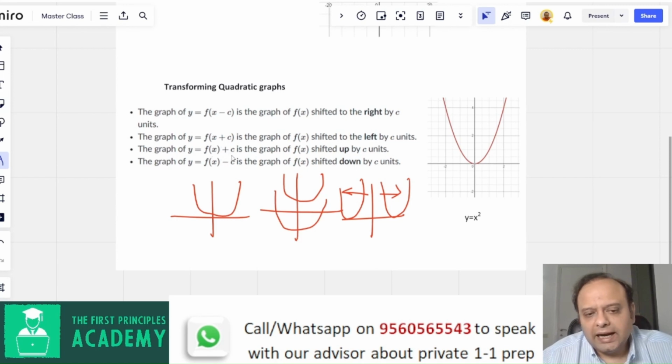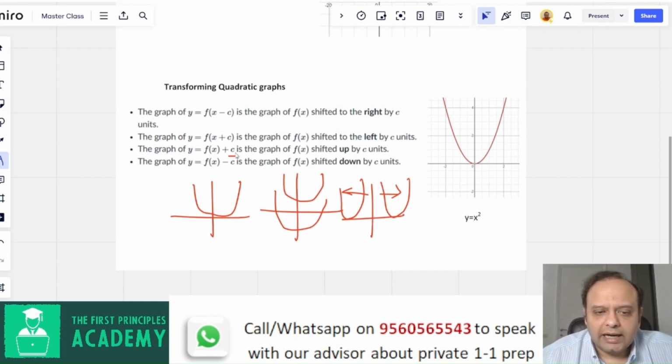If you just add a value to the function of x, not do anything with x, but just add a value, it will move upwards. If you subtract a value, it will move downwards. If you forget some of this, and it's very easy to confuse and forget, perhaps just draw y equal to x square and see how things will move. This is y equals x square.